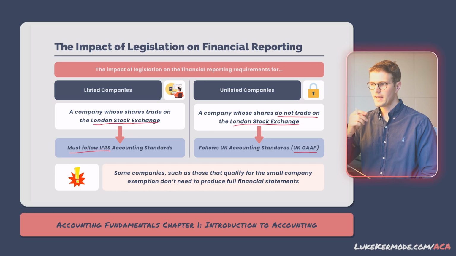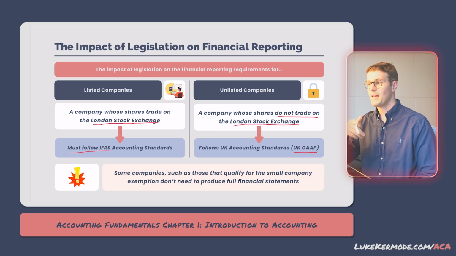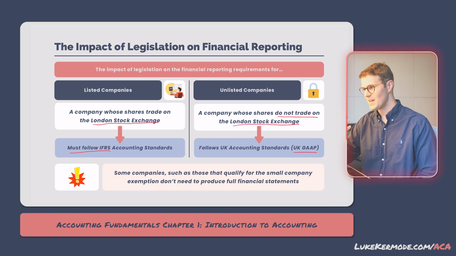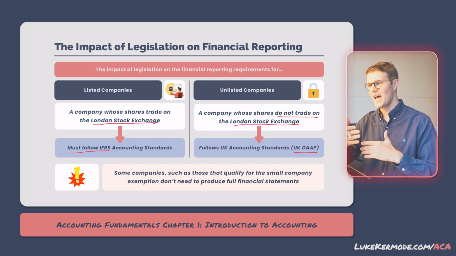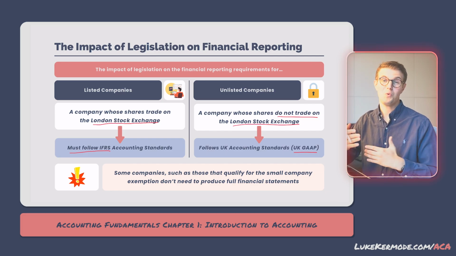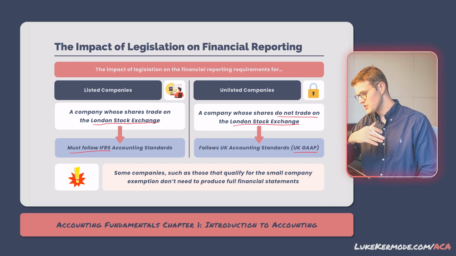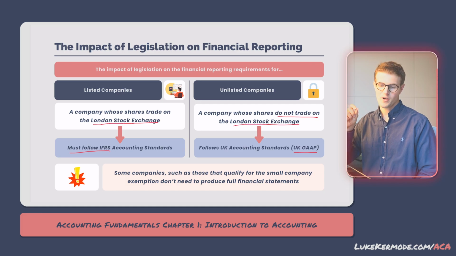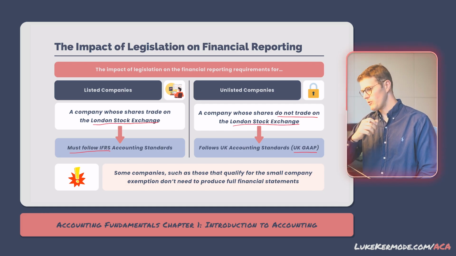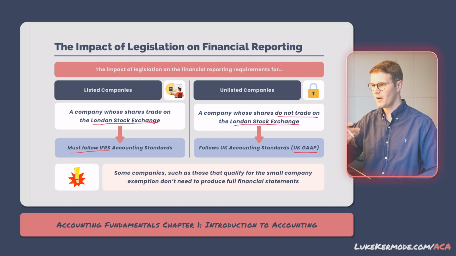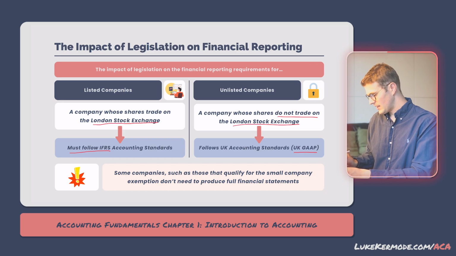It's also worth flagging here that certain companies may qualify for financial reporting exemptions under the Companies Act and may not be required to prepare full financial statements. So certain small companies can produce more condensed balance sheets, enjoy reduced disclosure requirements, might not need to prepare a cash flow statement.